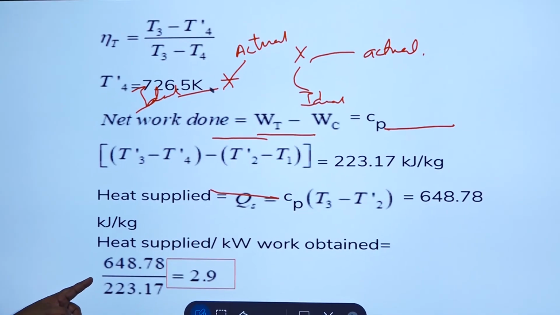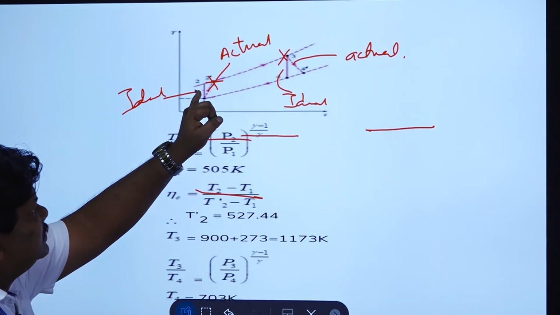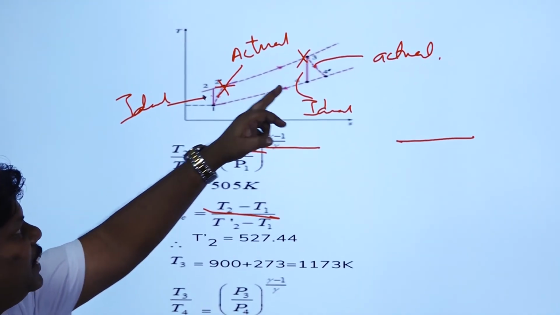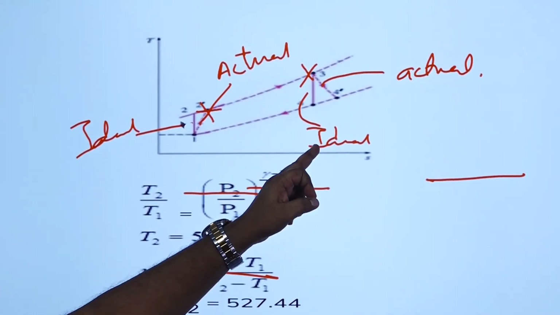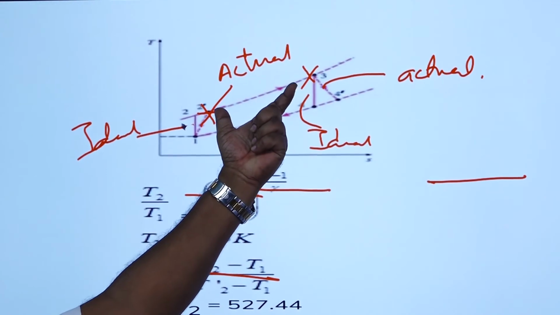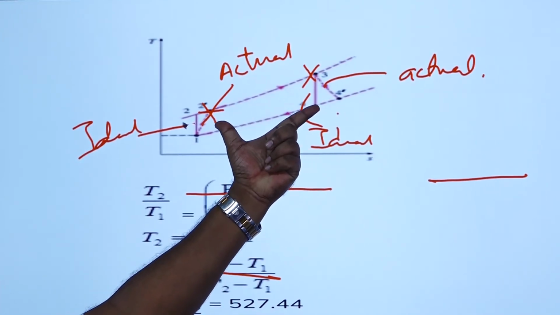Okay, so you can see from this diagram itself that this is for the ideal part of the compressor, and this is for the actual part, and similarly the ideal part for the turbine and actual part. So this is for the heat that is supplied, and this is for the heat that is rejected.